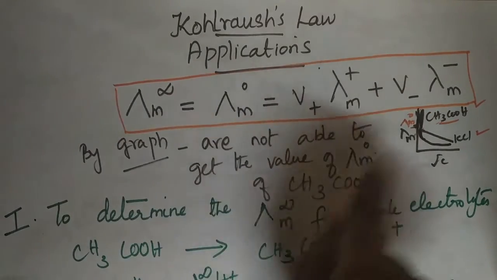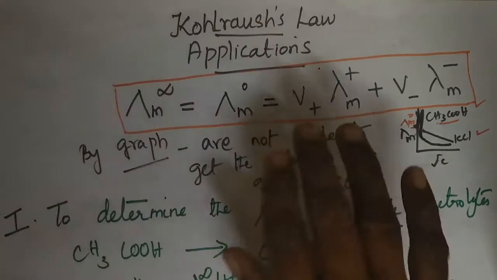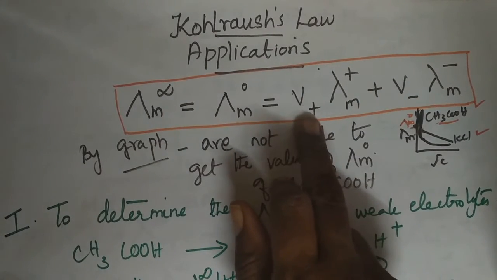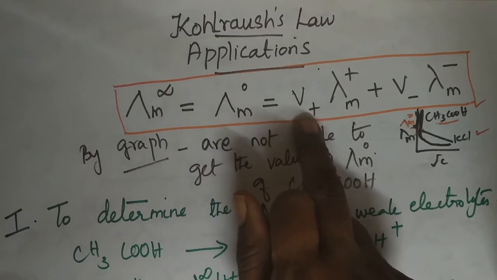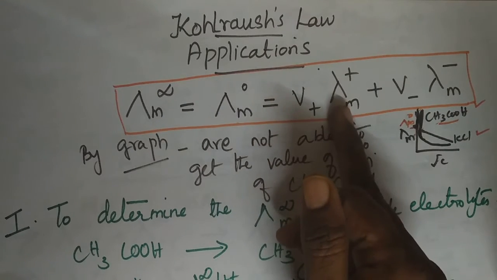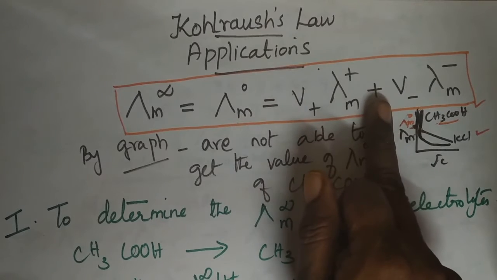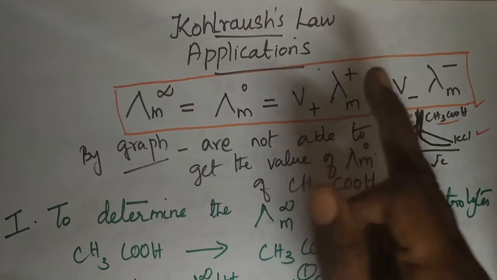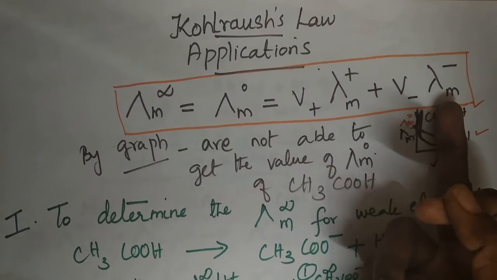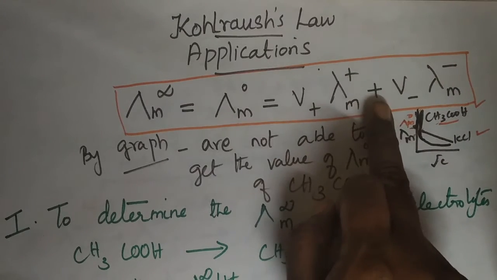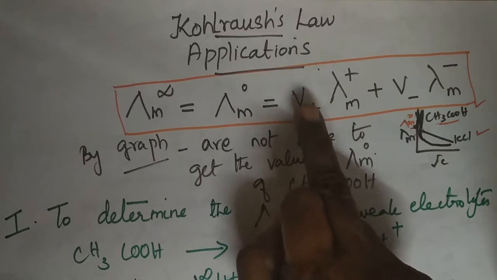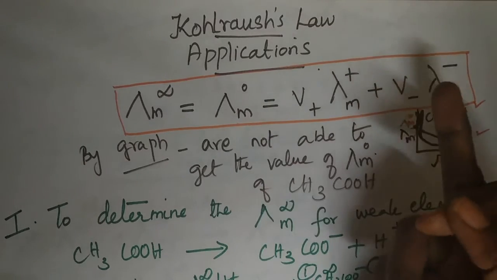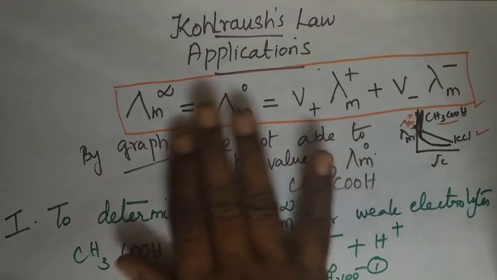When you have a dissociation, you will have a number of cations and anions. First take the number of cations multiplied by its molar conductance, and then add it up. So it is the sum of the cations multiplied with their conductance and the anions multiplied with their conductance. This is the formula.